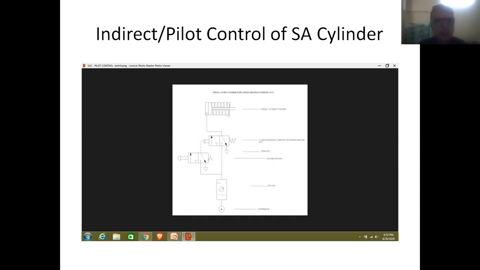So friends, this is the arrangement of a pilot valve. It is basically used for controlling the DC valve, which is ultimately used for controlling the operation of the cylinder.